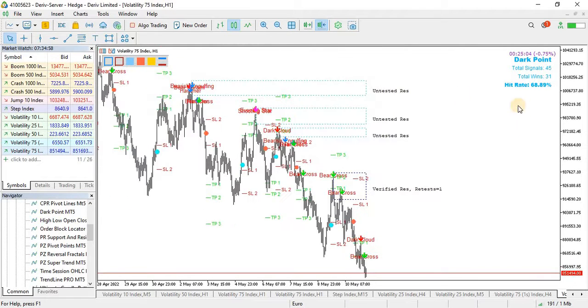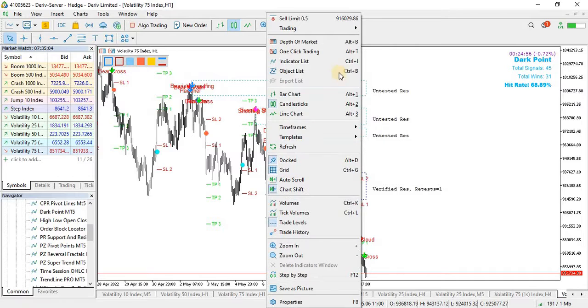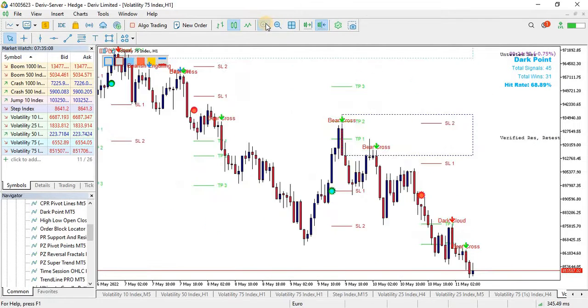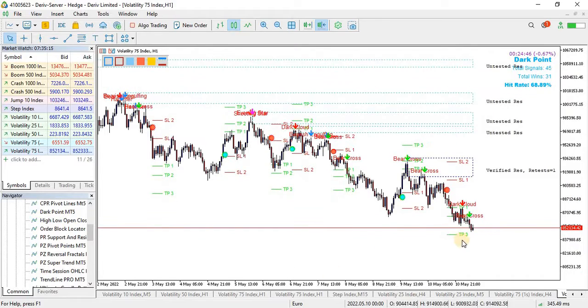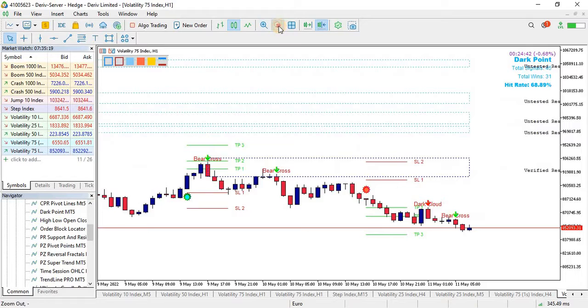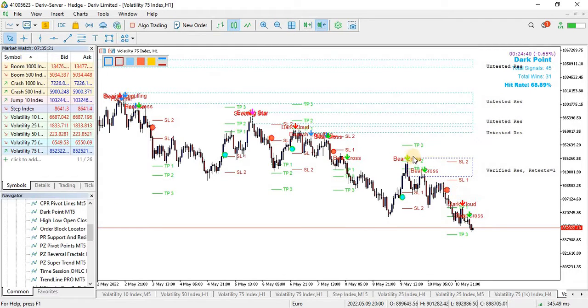So now, going back to this, it still indicates that we are still in the downtrend, because we just verified this resistance right here.